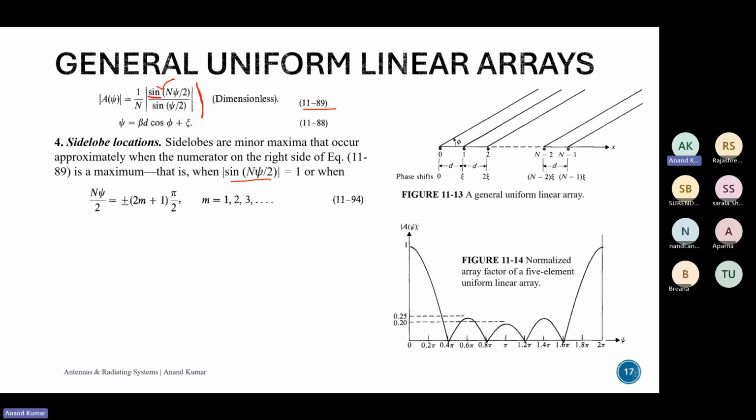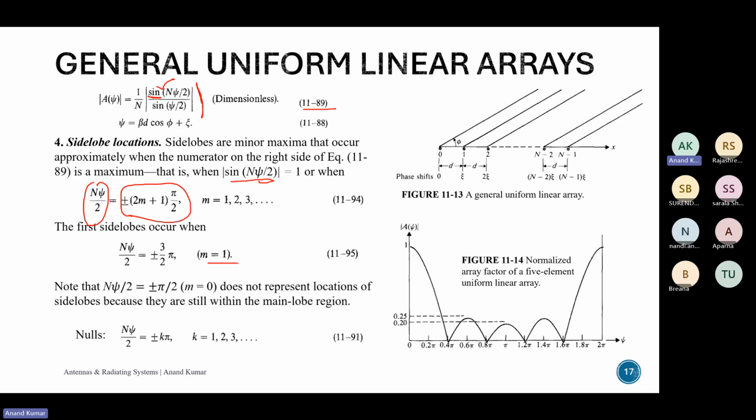So when sine of n psi by 2 is equal to 1, or when n psi by 2 is equal to odd multiples of pi by 2. And the first side lobe occurs when m equals 1.